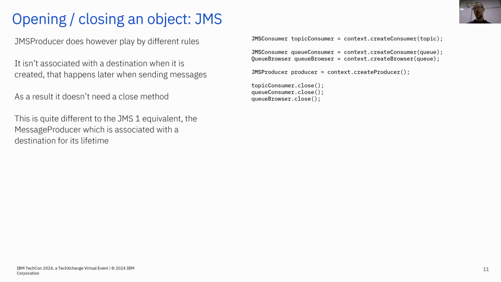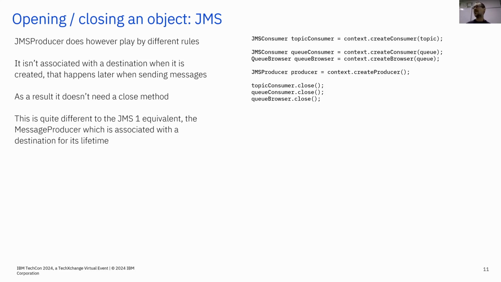I also wanted to call out that the JMS producer, which is used for sending messages to MQ, is slightly different, and we'll come back to that difference a couple of times as we go through here. The main difference is that a producer isn't associated with a specific destination, a specific queue or topic. So you just create it by saying, create me a producer. Later on, when you send messages, at send time, you say which destination you want to send to.